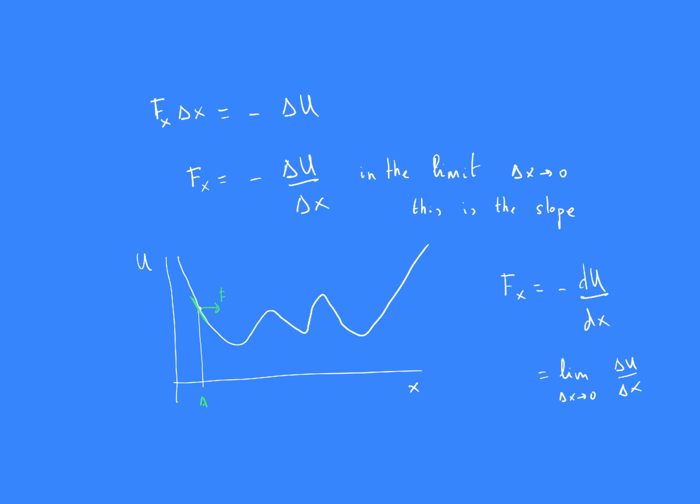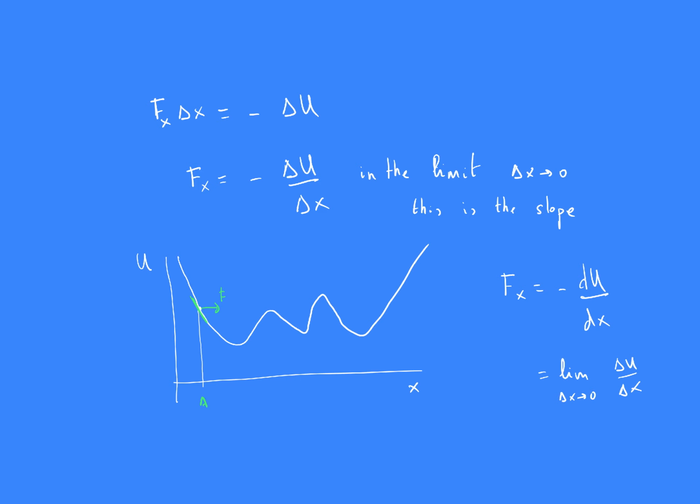To interpret the graph of potential energy, you have to see this equation. The work, the force Fx in the direction of the displacement times the displacement, is minus the change in U. So the force on x is minus the change in U divided by the change in x. But what is the change in U divided by the change in x?